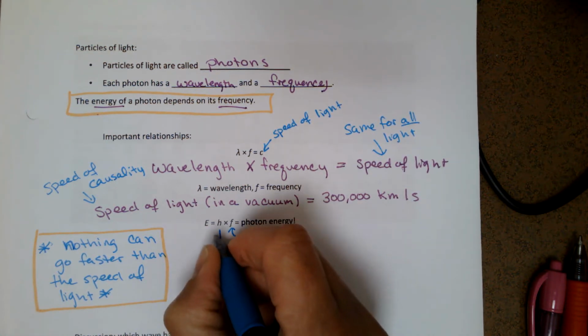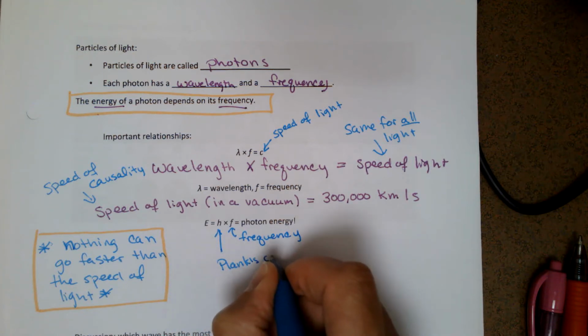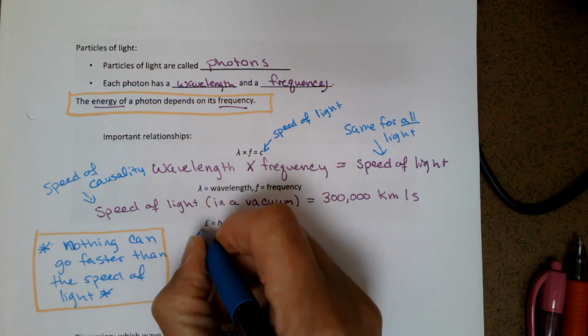Now, similarly, from the frequency of the photon, times Planck's constant, you can then end up with the energy.